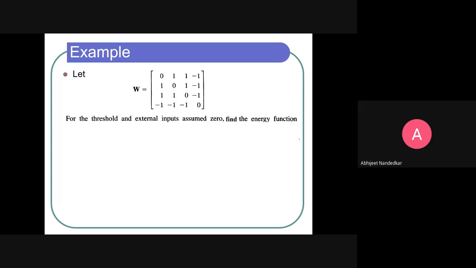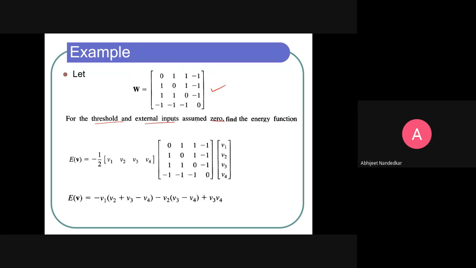Then we took an example where this was given to us, with no threshold or external inputs, and we had to find the energy function. That is minus half V transpose W V. You multiply these three things and you get this energy equation, and then we put in all possible values of V. Because V is binary, we can take +1 or -1.